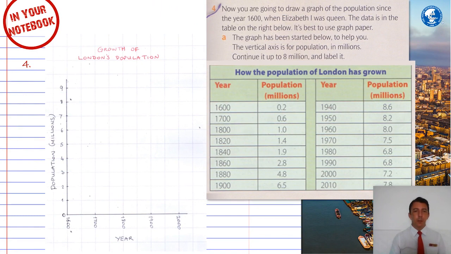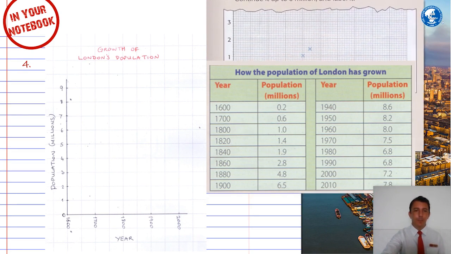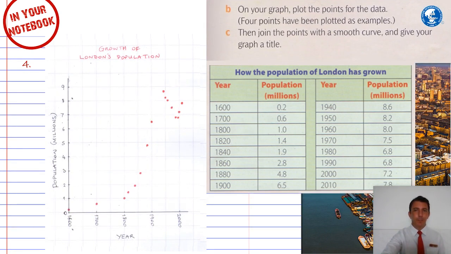So, in your notebook, you'll draw the x and the y axis like this. Then you're going to plot all the numbers onto your graph. So each one of these red dots I got from the table.